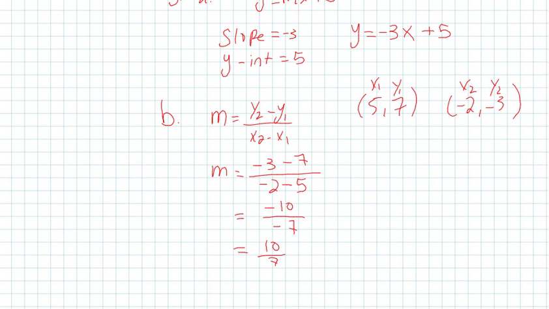The y-intercept, right? I just still need to find b. Why is that positive now? Because negative over negative is positive.